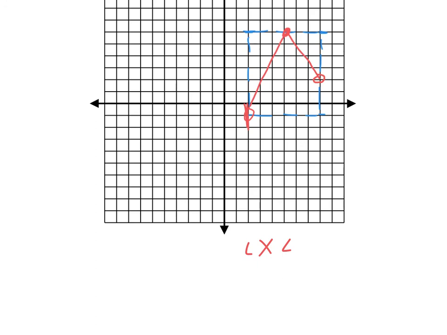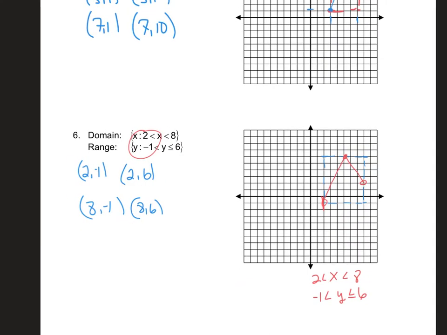I would have just less than, and it looks like 2. And then when I go all the way to the other side to the right, it would be at 8. But if I look at the range, that would be negative 1 is less than y, because it's open. It goes all the way up to 6 and is equal to it.